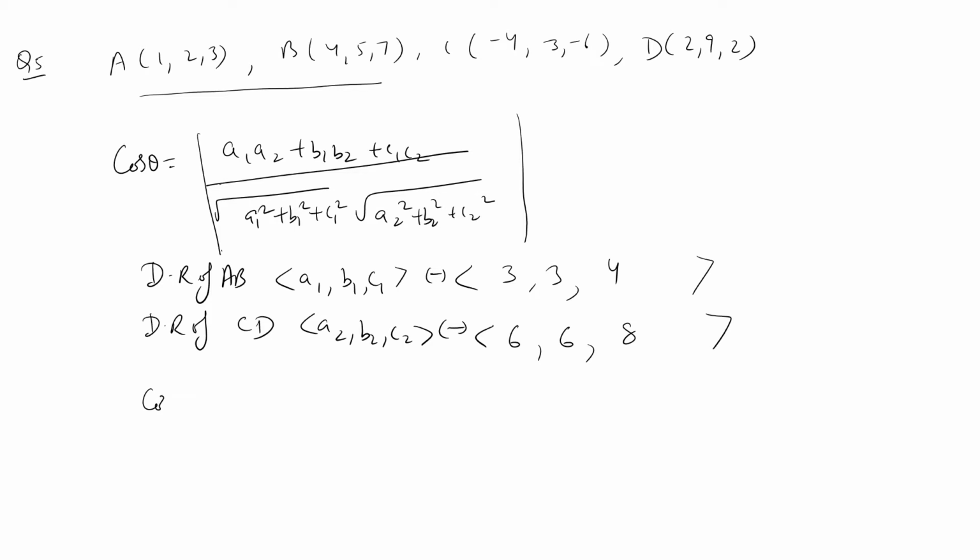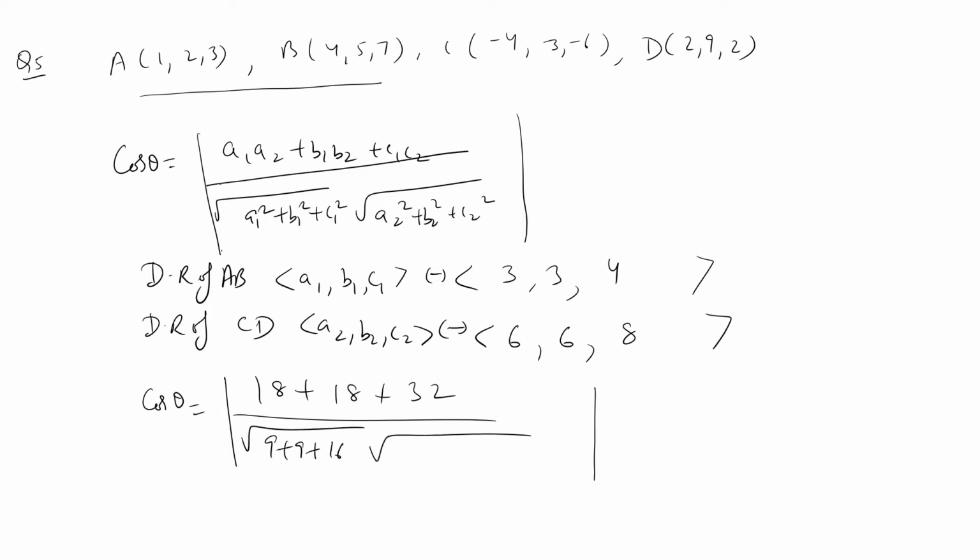So let us find out cos theta. We will take the product of direction ratios. So it is 3 6s are 18 plus 3 6s are 18 plus 8 4s are 32. And this is under root of 9 plus 9 plus 16, and this is 36 plus 36 plus 64. So this is 8 and this is 6.